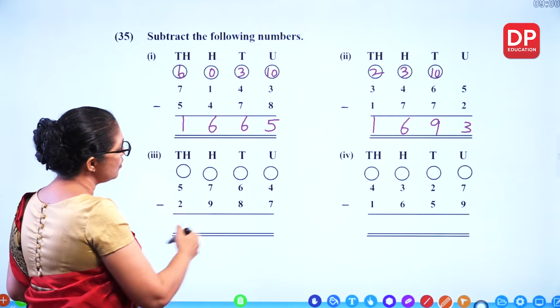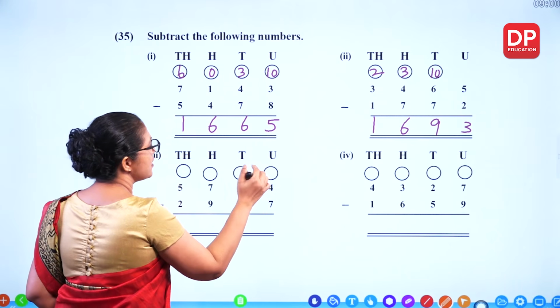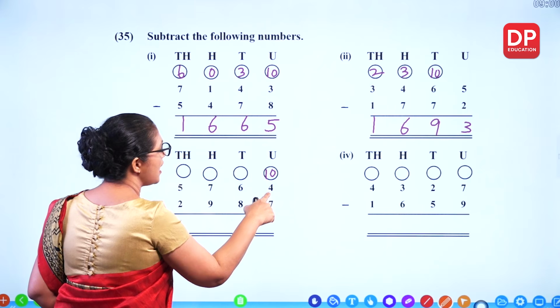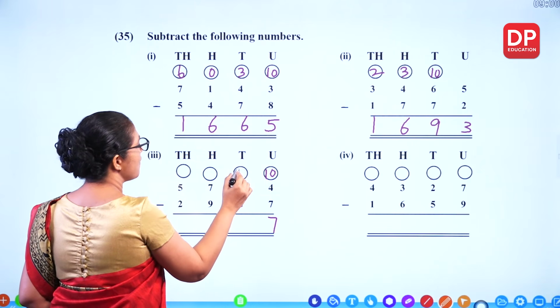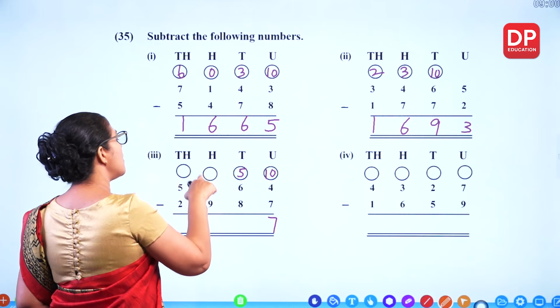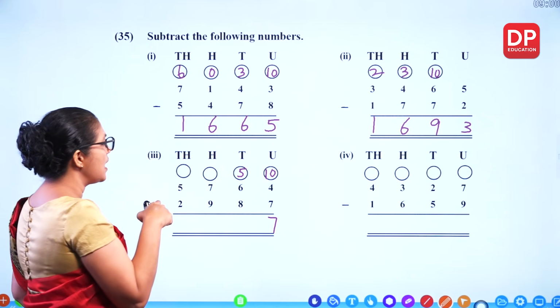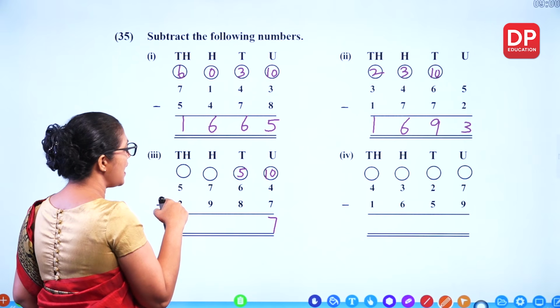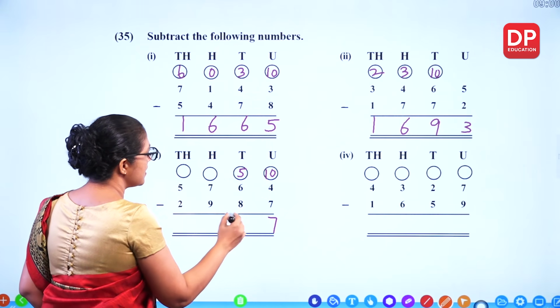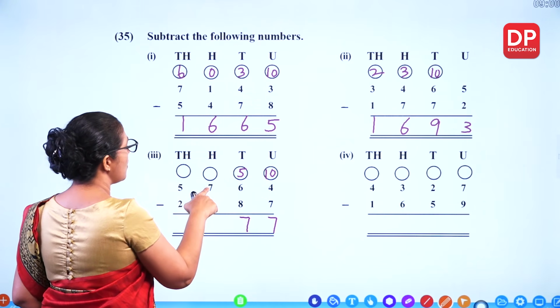4 minus 7, you can't. So you are taking 1 from this side. So 14 minus 7 is 7. This becomes 5 now. But we need 1 from there. 15 minus 8. What is 15 minus 8? You get 7. So now what's this number?